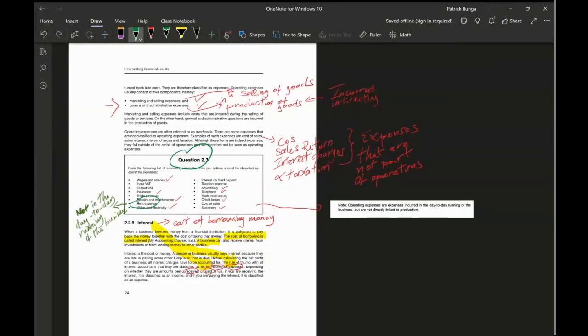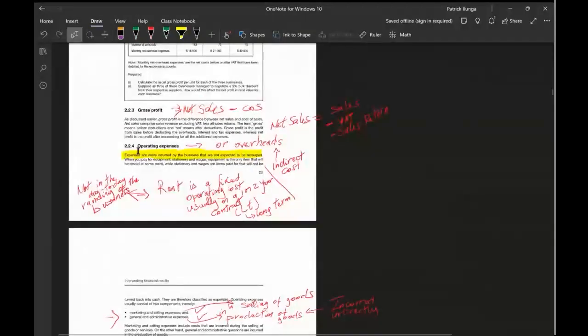The reason why rent was not viewed as an operating or overhead expense is that an operating expense, as defined, should be short term, less than a year. This is your theory: expenses are costs incurred by the business that are not expected to be recouped, like stationery or wages.